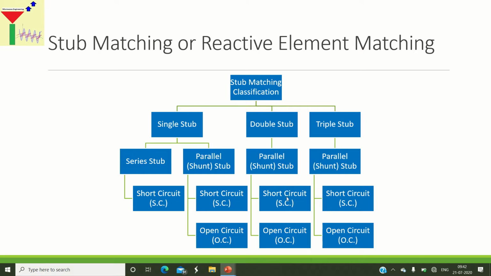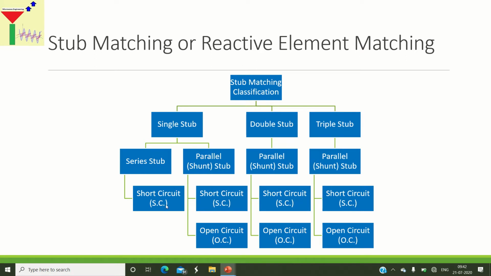And in that again, we can find two sub-classifications. The parallel double shunt stub can be designed with either short circuit configuration or open circuit configuration. And similarly, the triple stub, whenever it is required to design, it is always preferred to design in a parallel or shunt configuration compared to series configuration. Okay. And that can also be done using either short circuit configuration or open circuit configuration.